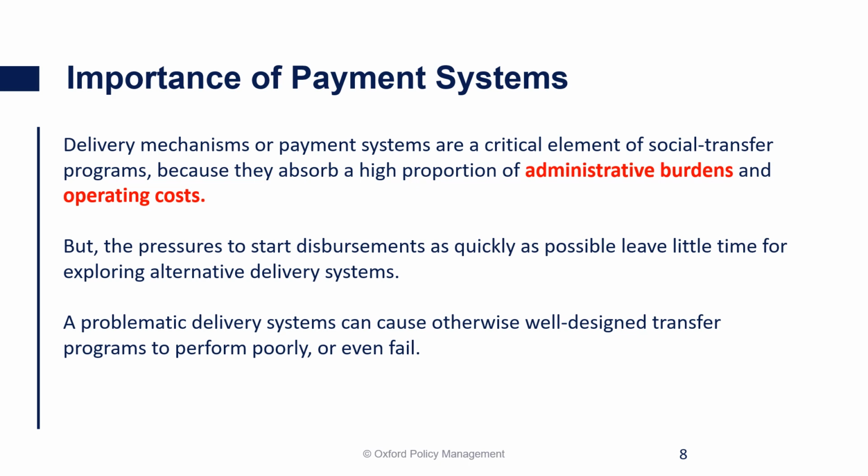Once a decision is made to introduce a social transfer scheme, pressures to start disbursements as quickly as possible leave little time for exploring alternative delivery systems. A default option is often adopted that requires little planning but might be inefficient and inappropriate. This is unfortunate, as a problematic delivery system can cause an otherwise well-designed transfer program to perform poorly or even fail.